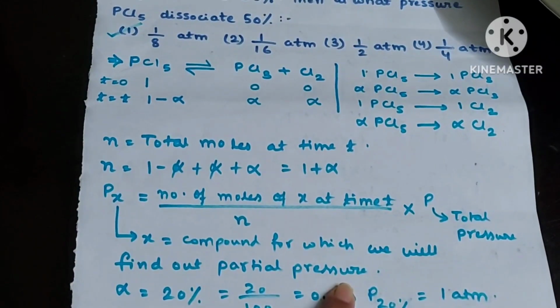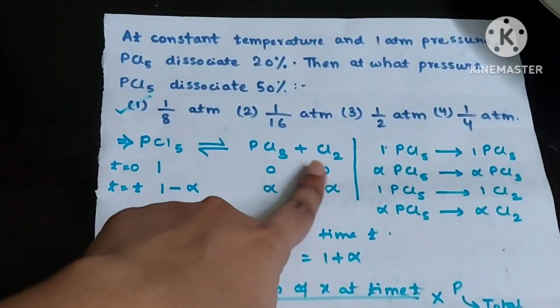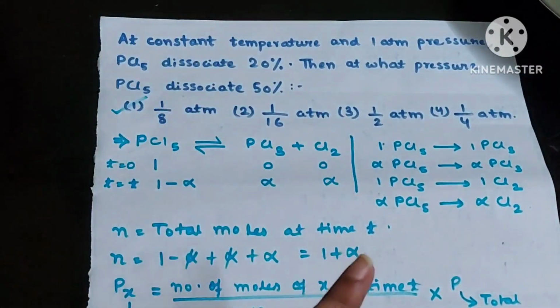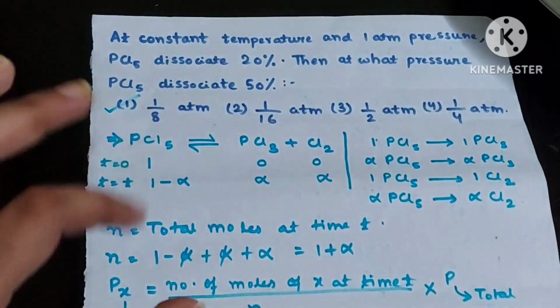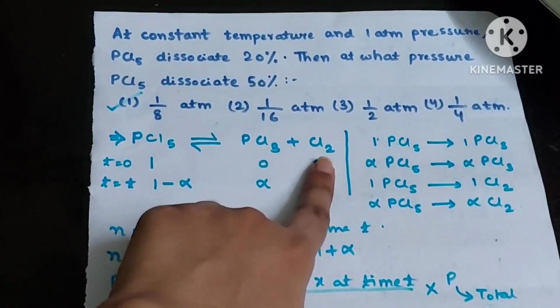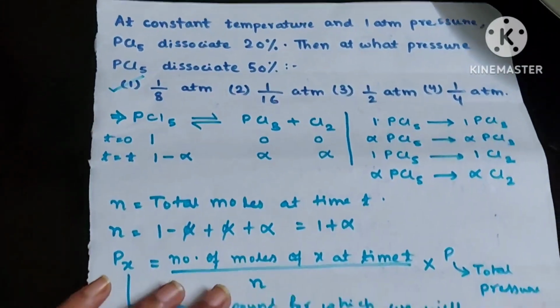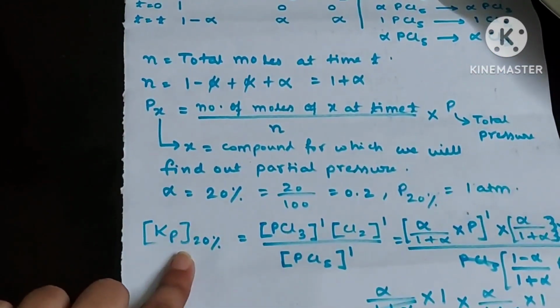The compounds here are PCl5, PCl3 and Cl2. We will find the partial pressure of all these, the products and this reactant, because it is required for finding Kp.